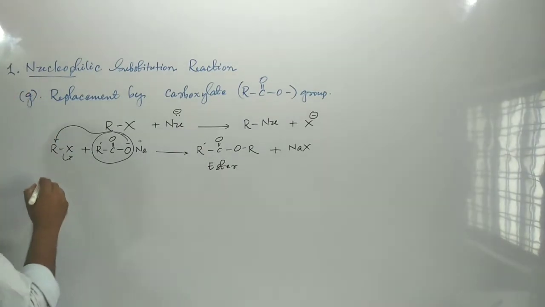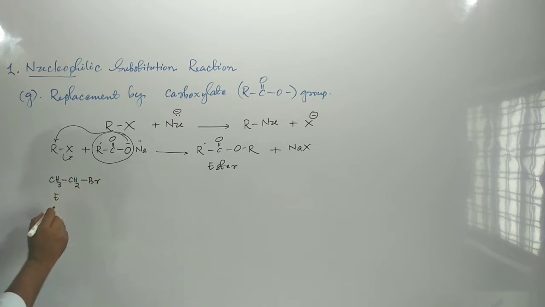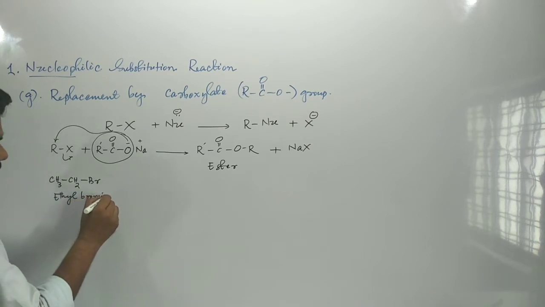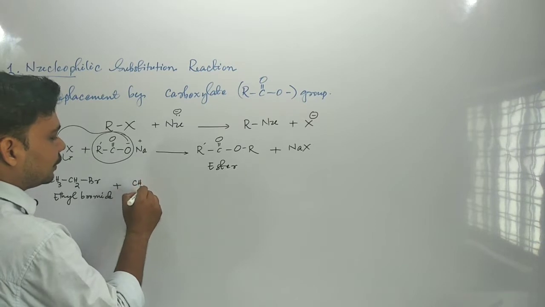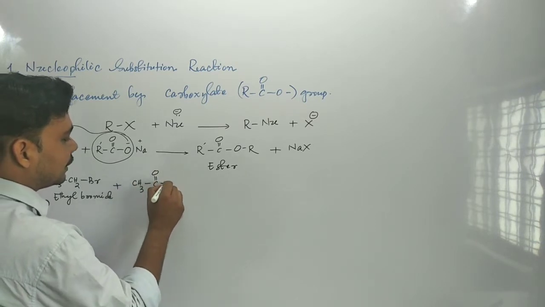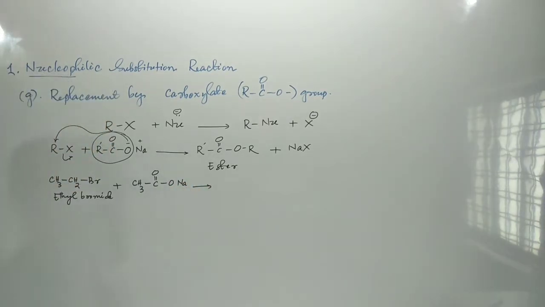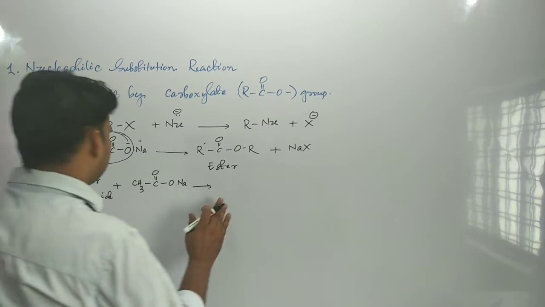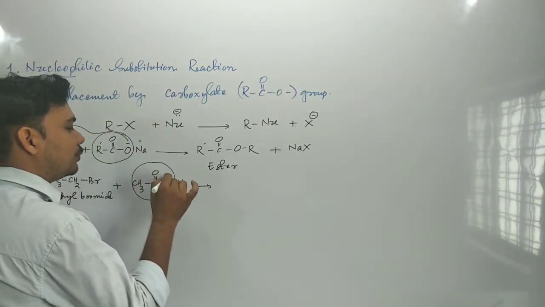For example, when CH3CH2Br, ethyl bromide, is considered as the substrate molecule, and it is treated with sodium acetate, the sodium salt of acetic acid, then the acetate ion is the nucleophile.